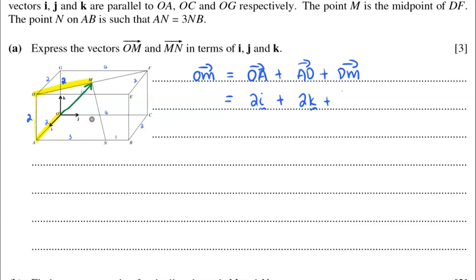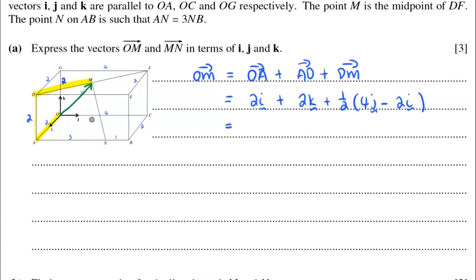And so that means we're going to do a half of DE is 4j and EF, it's going away from the positive direction of i and it's 2. So it's going to be negative 2i. It's negative 2 is going in the negative direction of i. And that is our vector OM.